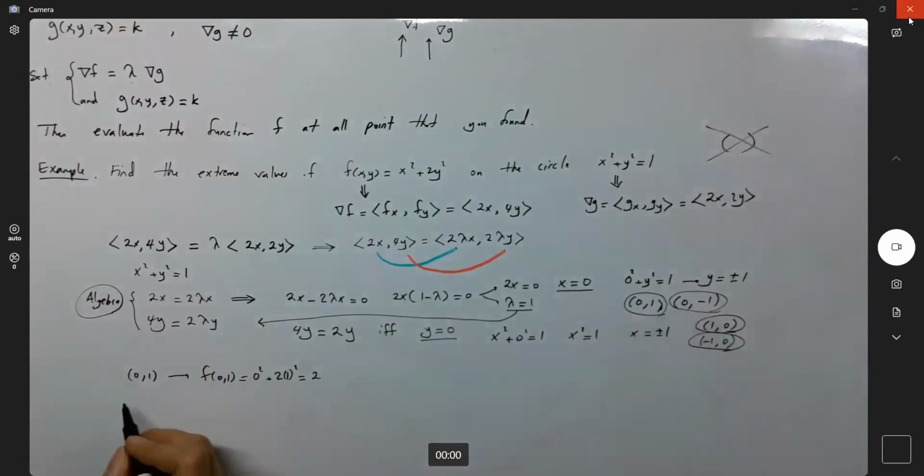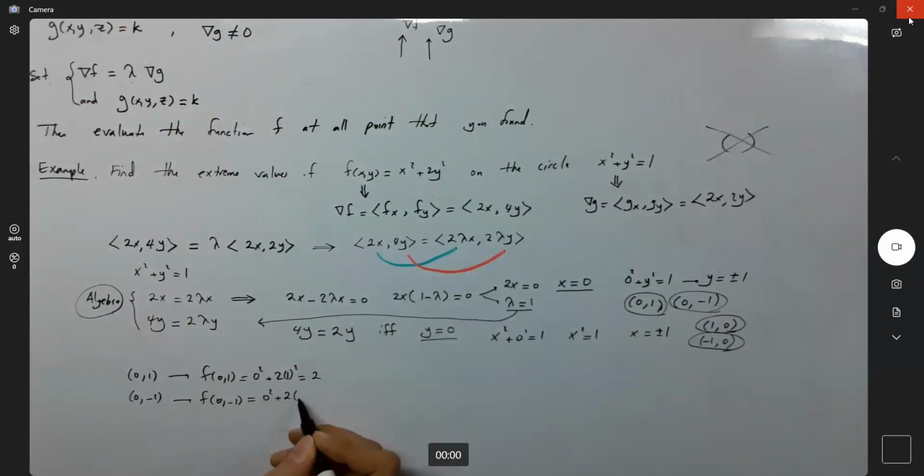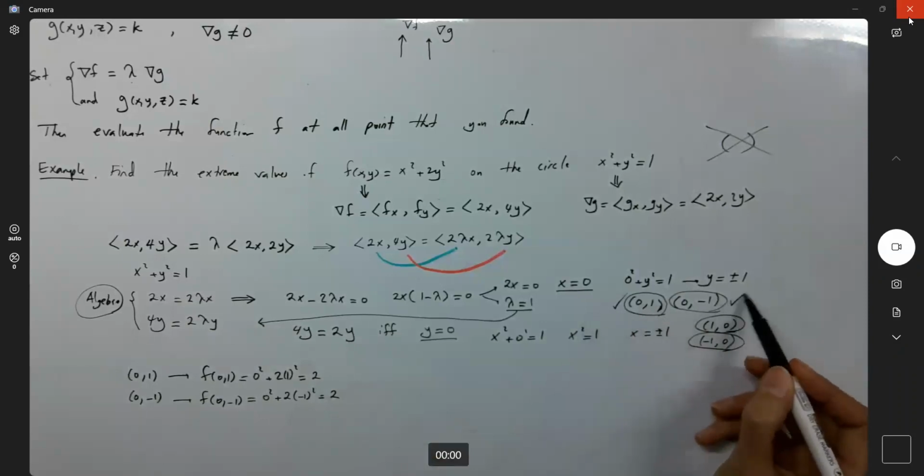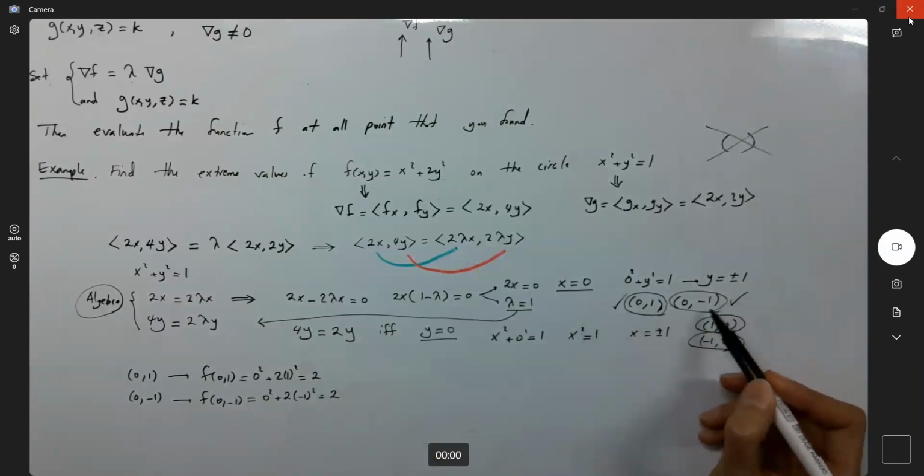At (0, negative 1), f of (0, negative 1) is 0 squared plus 2 times negative 1 squared, which is 2 again. So far I calculated z or f at these points.